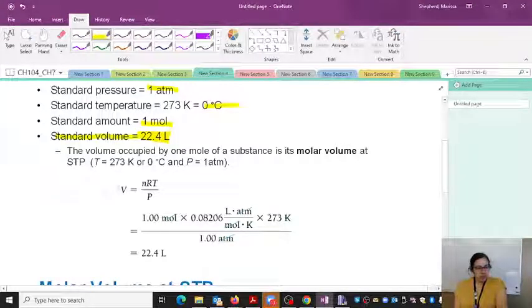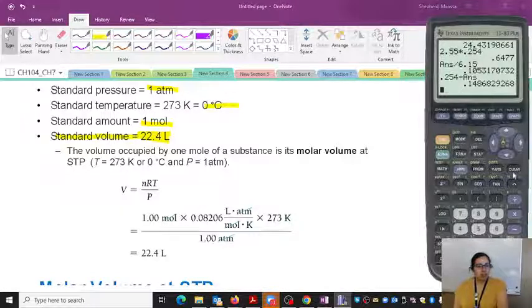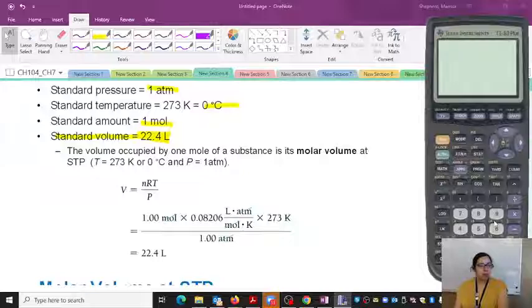All they did was plug it in to here. Let's type it out so we're all on the same page. Solving for volume at STP: 1 mole, so 1 times our gas constant times our temperature, sorry, I screwed that up.